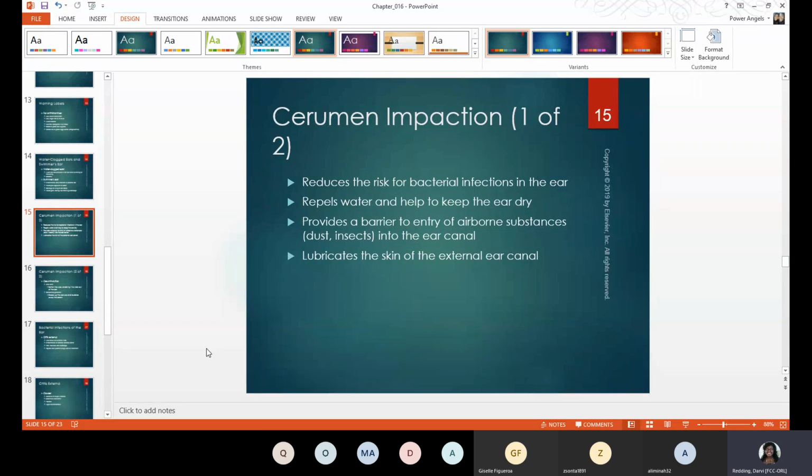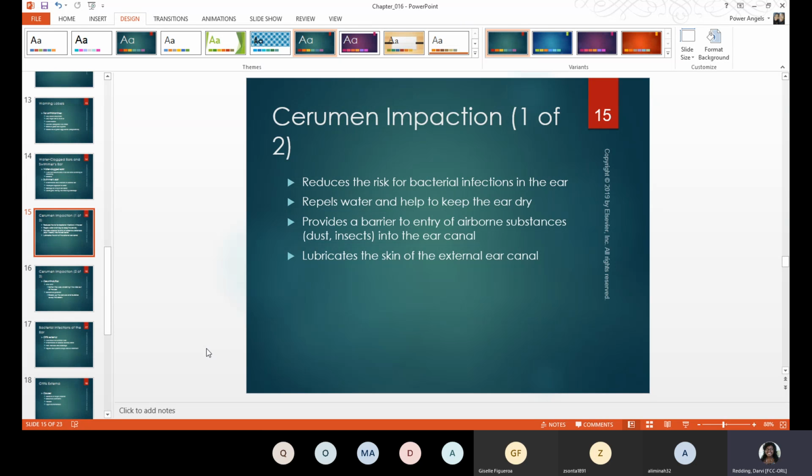Now, earwax is also going to help by lubricating the skin of the external ear canal. But it's important to understand, and I always like sharing this information with people, even though some people might use Q-tips to clean their ears, it's super important to know how to properly clean your ear, because when you use a Q-tip, you can actually end up pushing the earwax deeper inside your ear, and that can cause problems because we have three parts to our ear, which are the external ear, the middle, and also the interior.